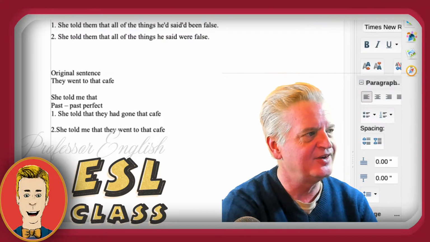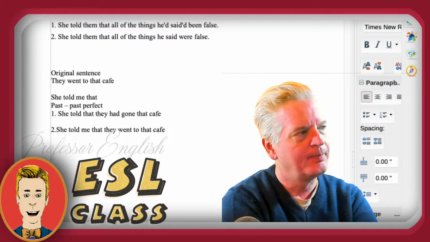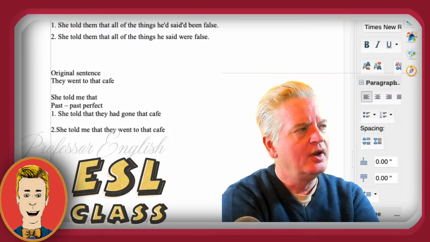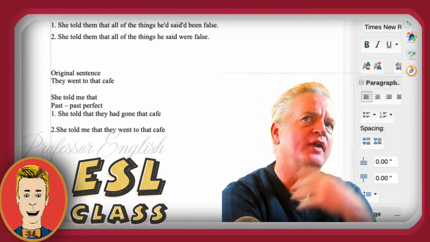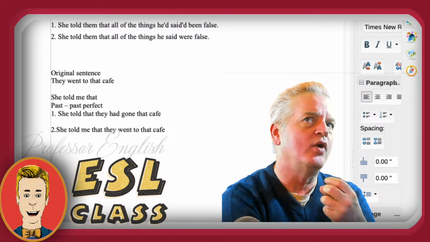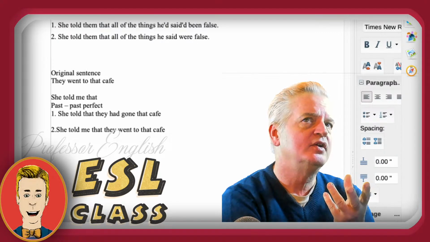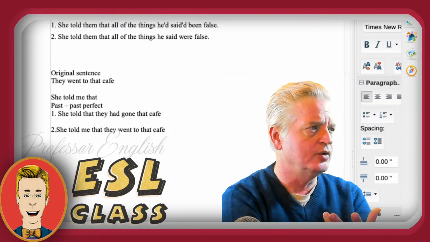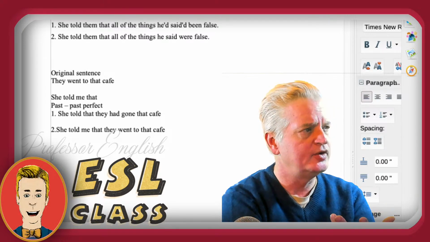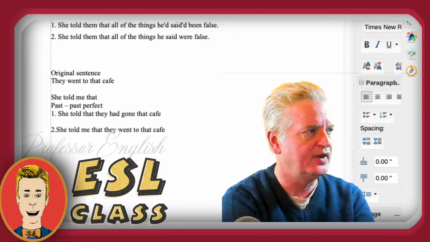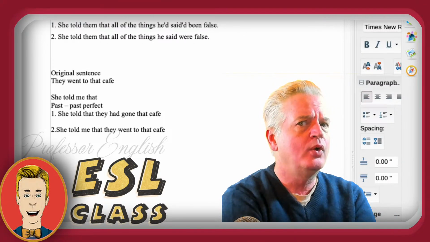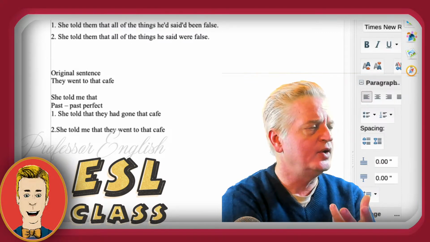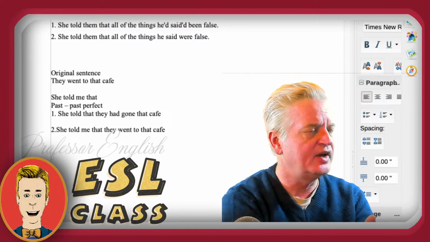Any idea what that difference is? Now, the official explanation of why you should do this is that if you believe something is always true, then you can say it like number 2. You don't have to change anything.